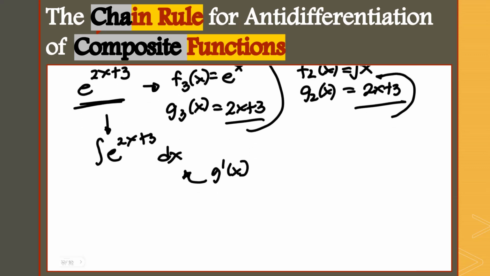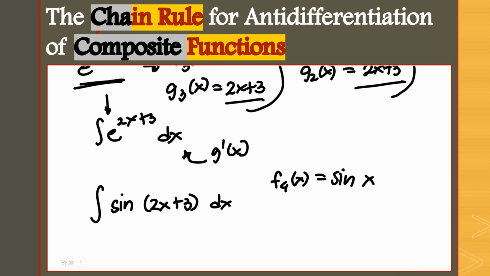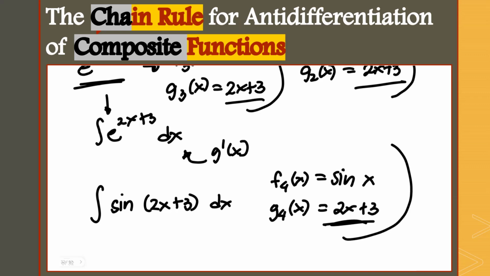And of course, one last example, if you have the integral of sine, where instead of the angle x, it is now 2x plus 3, your f sub 4 of x becomes sine x, and your g sub 4 of x is actually 2x plus 3. Similarly, this became your angle, and yes, this is a composite function.